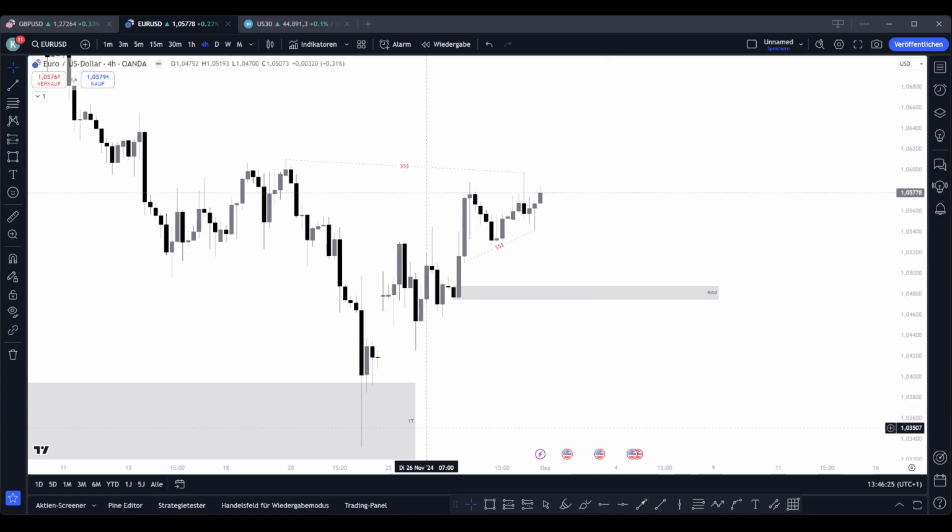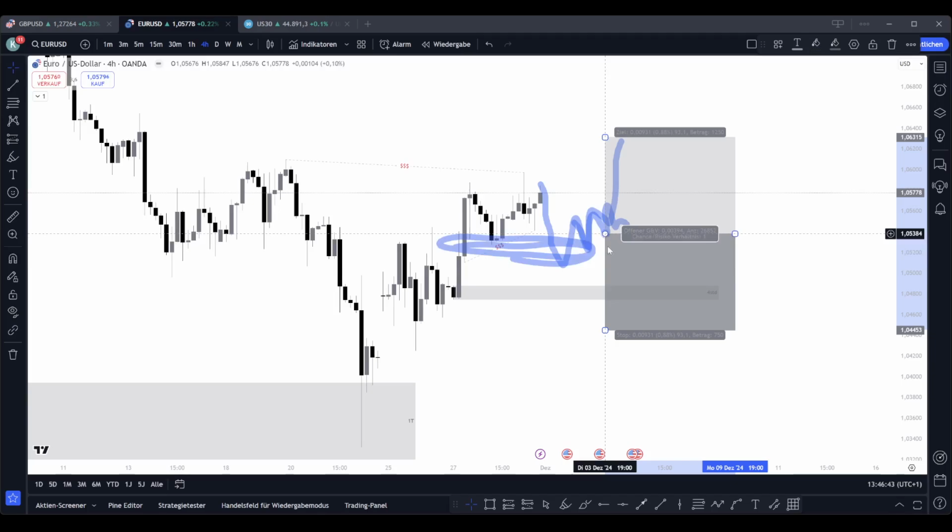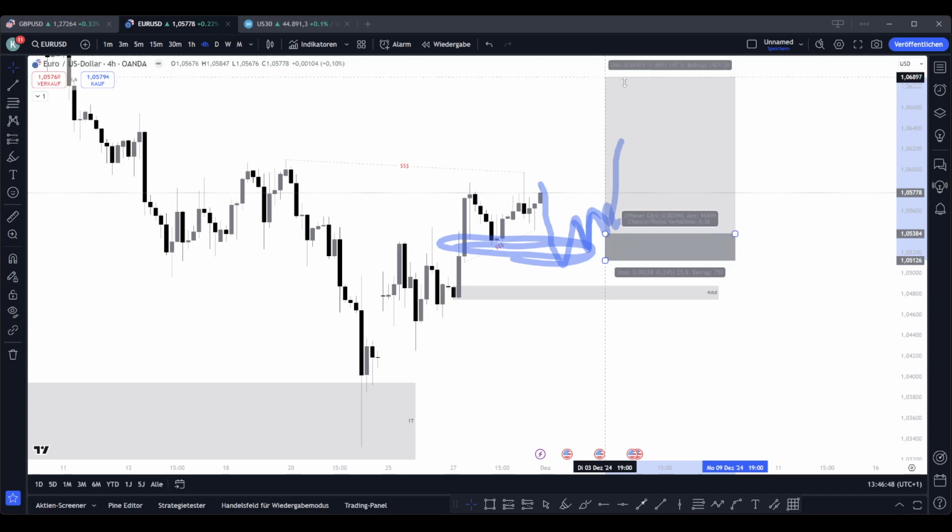It can also happen that once price sweeps this liquidity, it might start moving up. So once price sweeps the liquidity, we start seeing a type of bullish reaction from here. We can enter our trade around here. Everything is possible. So we can still enter our trade.